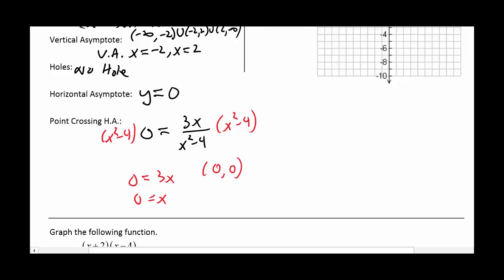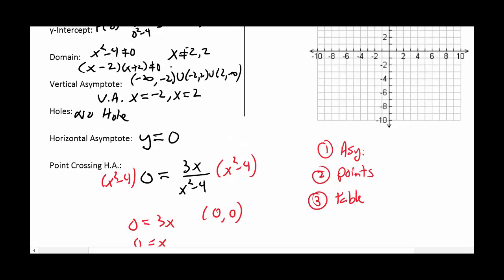All right, as far as what I'm going to plot first, I'm going to plot any asymptotes, any points, and then I'll look at making a table of values. So let's go back up to our asymptotes.